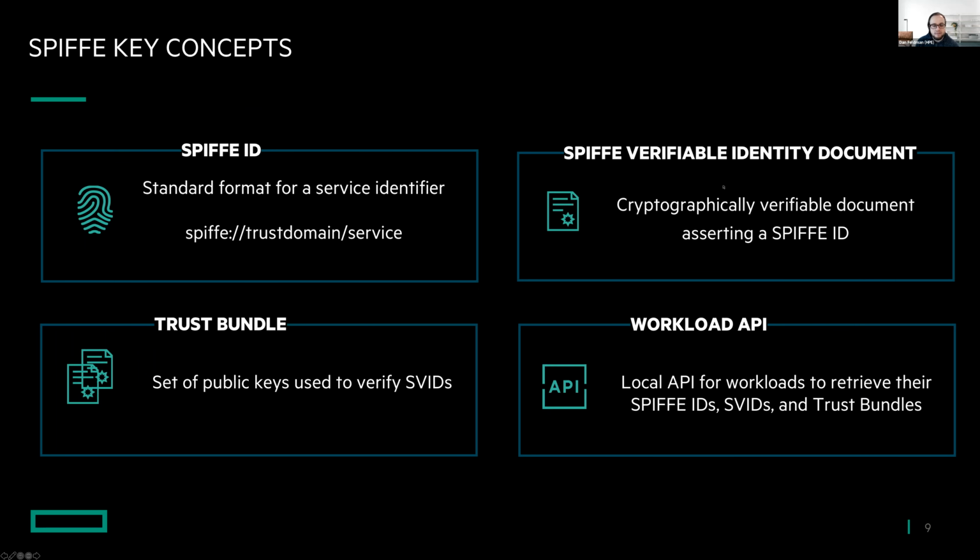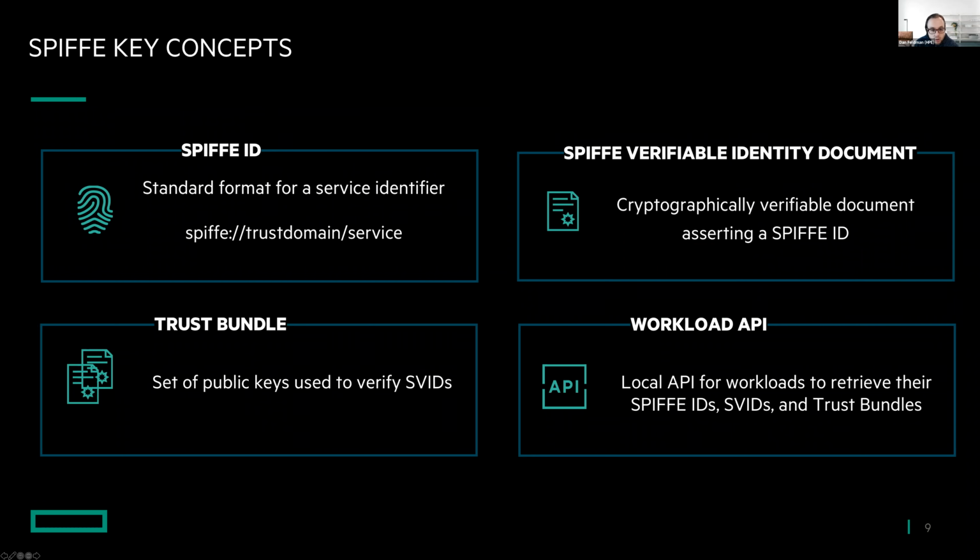By default, we have a lifetime for these identity documents of 4 hours. So they're constantly rotating. And this is what makes SPIFFE really different from any other kind of public key infrastructure that you might have worked with, even though the file formats are the same. All the credentials are constantly changing under the hood, which is why you need this workload API that's constantly pushing these documents to your services.